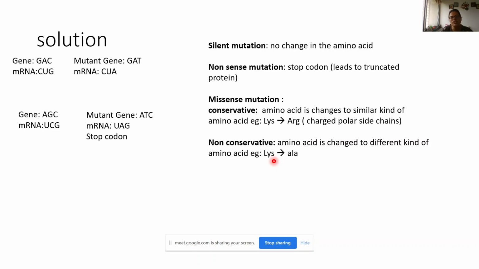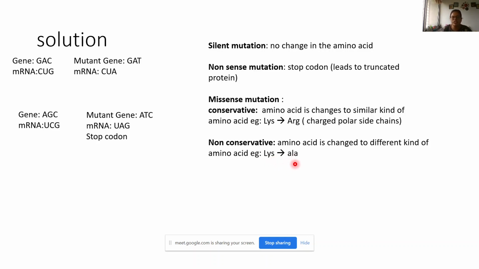Now there is also a non-conservative missense mutation. Here a particular change in a gene sequence leads to a change in amino acid sequence, however the change is to a different kind of amino acid. You see here lysine is changed to alanine.